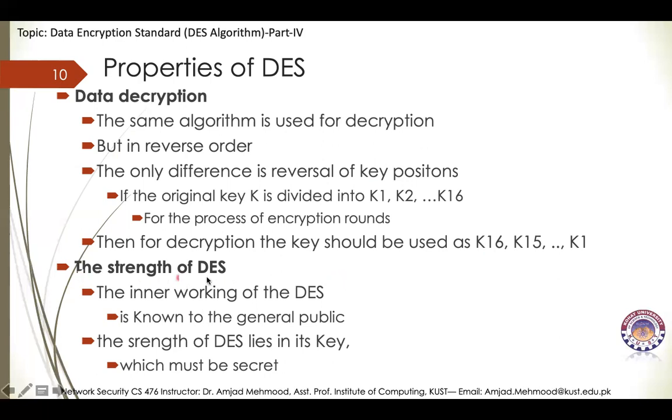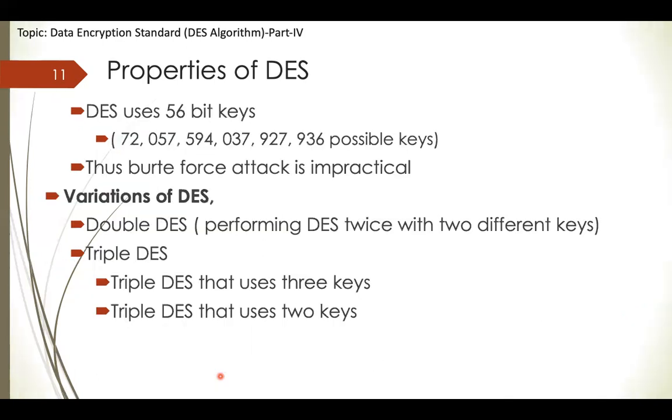Now, the strength of DES. The inner working of DES is known to the general public, as I am explaining all these steps, but it doesn't mean you can easily decrypt a value encrypted by DES, because the strength of DES lies in its keys. As I mentioned, you have 16 different subkeys, so it is very difficult for an attacker or intruder to predict them. DES uses a 56-bit key, as everybody knows.